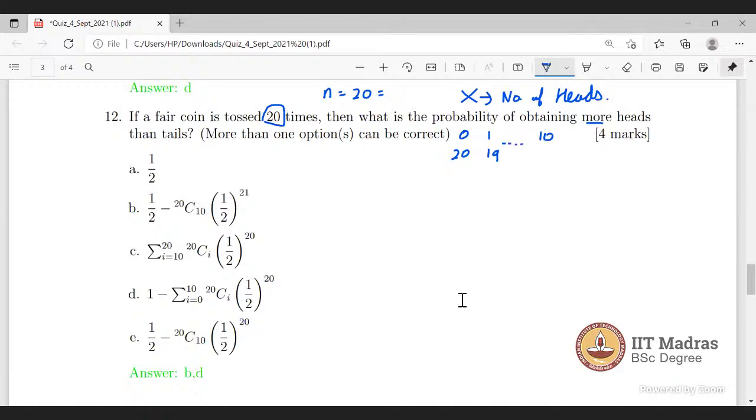If I have 10 heads, I will have 10 tails, and again this condition won't be satisfied, right? But as soon as I have 11 heads, I will have only 9 tails, so this condition will be satisfied for all the values of x greater than or equal to 11. Is this clear?